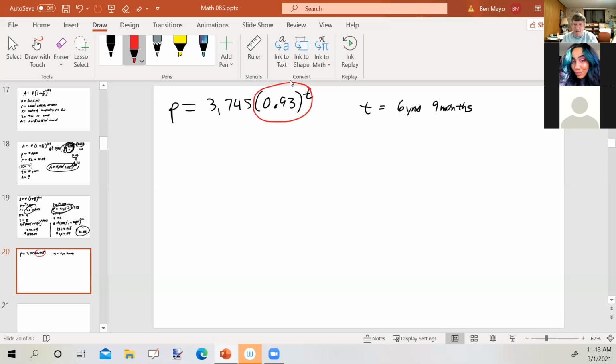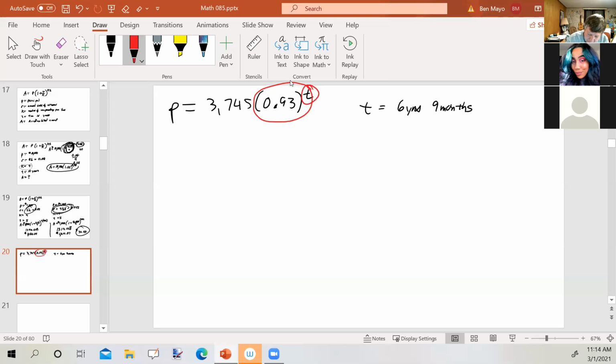Since the base is 0.93, that means that every time T increases by 1, so another year goes by, we take whatever amount we've got and we multiply it by 0.93, which means you now have 93% of what you had before. So you're losing 7%. Say that again? Yes.